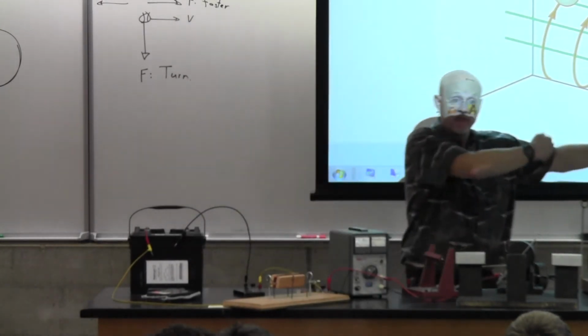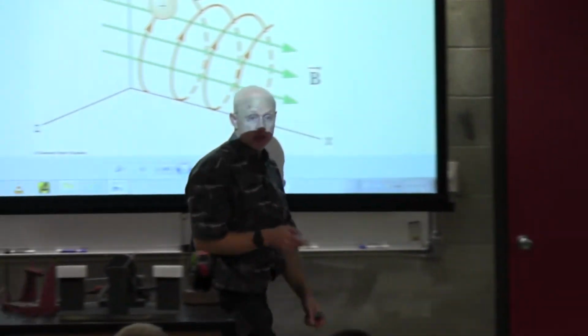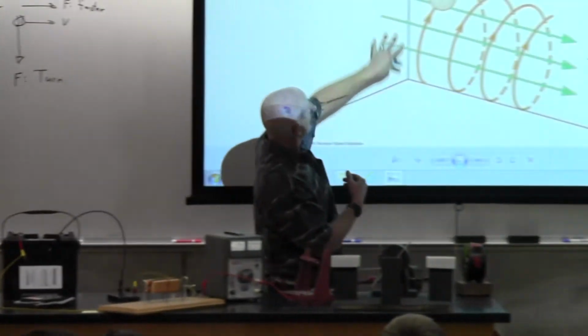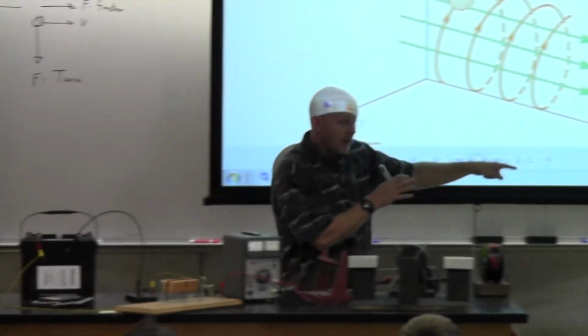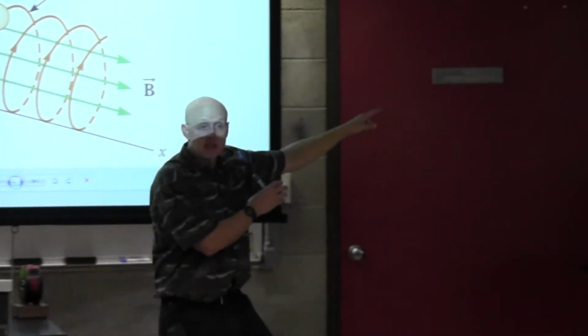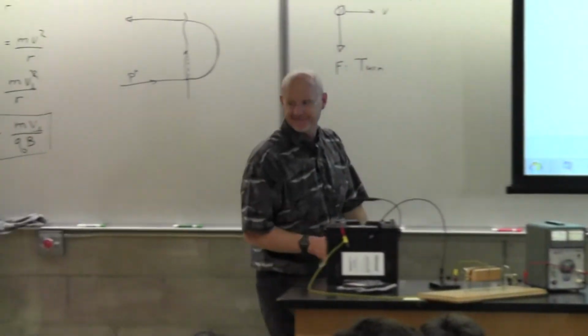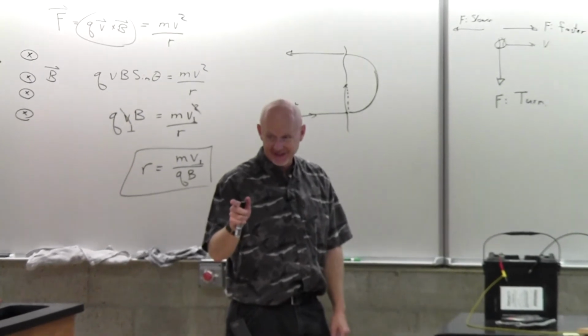There is no effect on the velocity in the x direction. And so the velocities that are perpendicular to the field, the y and z components, are going to make a circle. But the part along the x-axis continues on. And so we get a little helix. All right. Good, you got it. Yes? No?